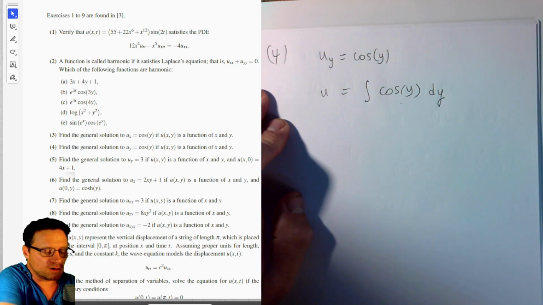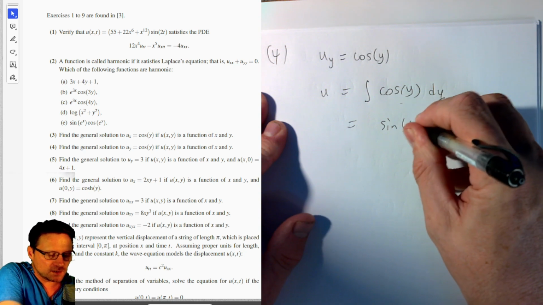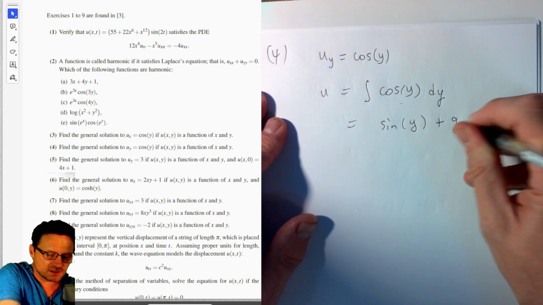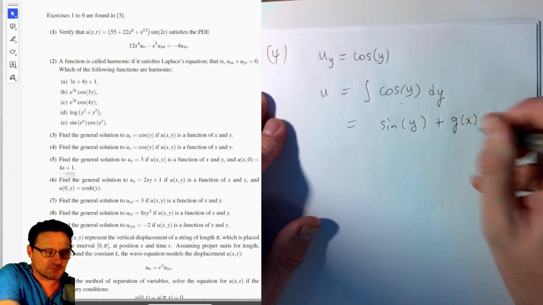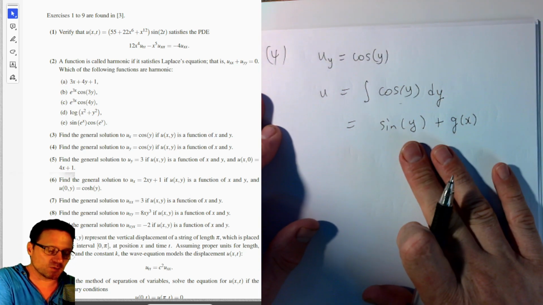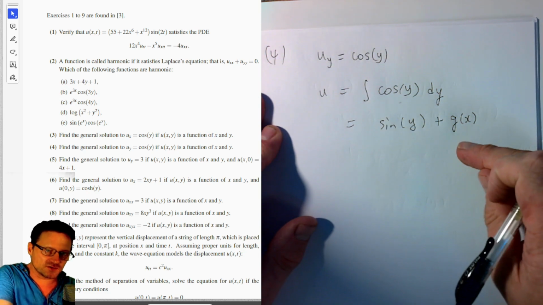So the integral of cos is sine. So we have sine of y, but we still have plus a function of the other letter. Okay, so if we differentiate this partially with respect to y, we get cos of y for this, and we get 0 for this.